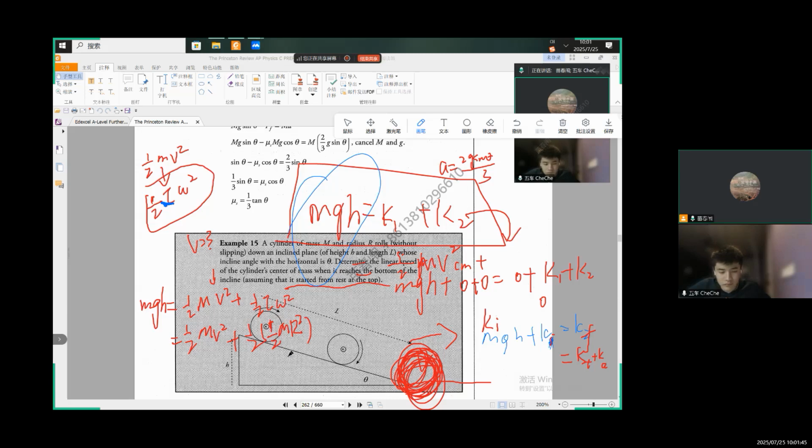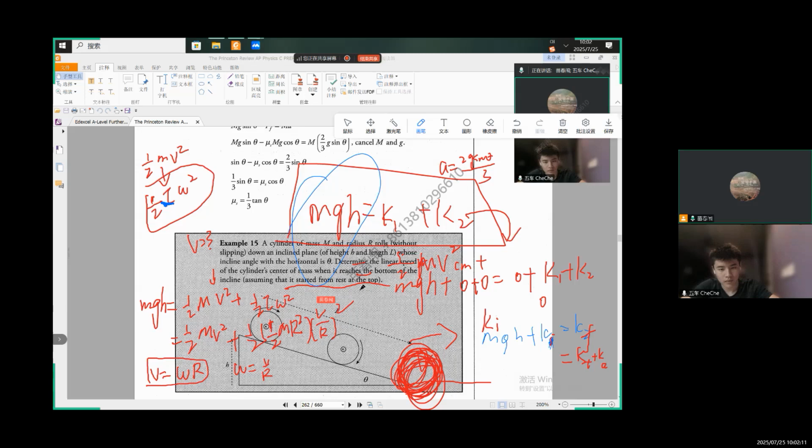And then omega squared. Since omega is not what they asked, I want to use V to express omega, where V equals omega R. Remember this? So my omega is V over R, so that's V over R squared.